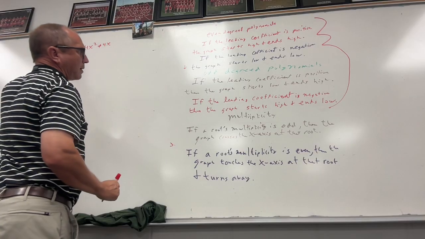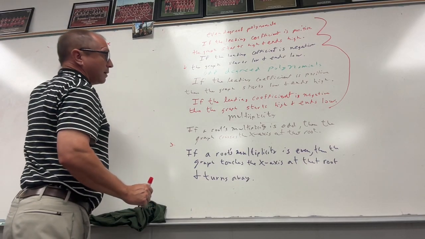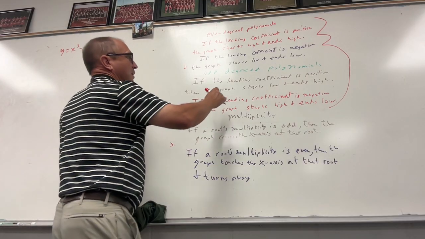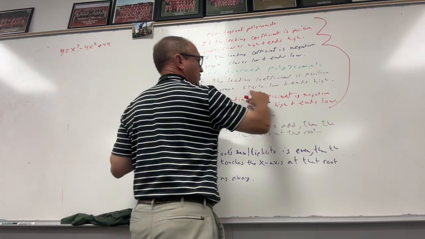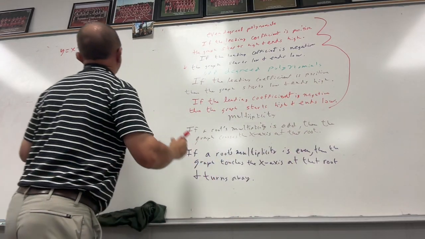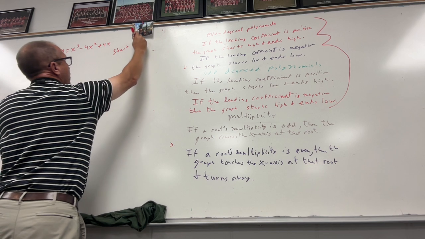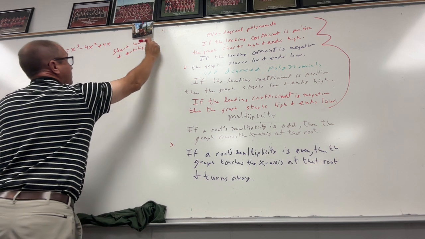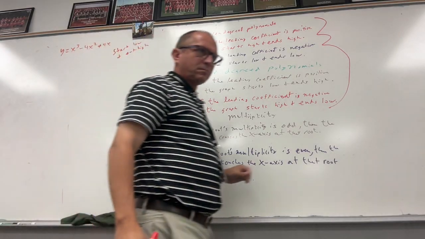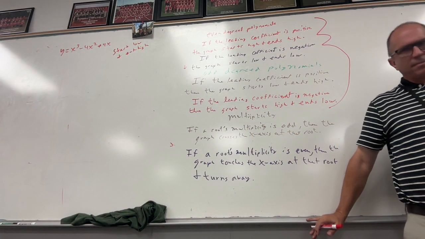It's an odd degree polynomial, leading coefficient is positive. This graph is going to start low and end high. So I'm just going to jot that off to the side. When I graph it, I know it's going to start low and end high. All right. Any question about that?